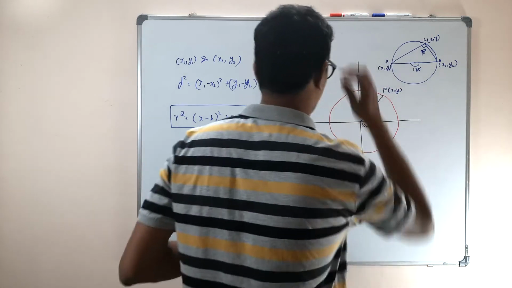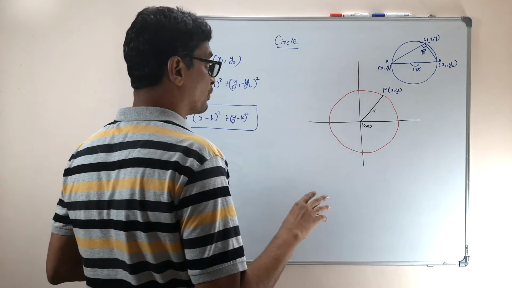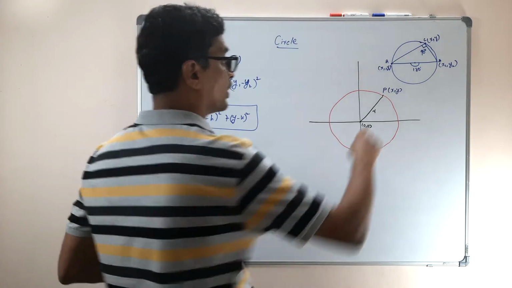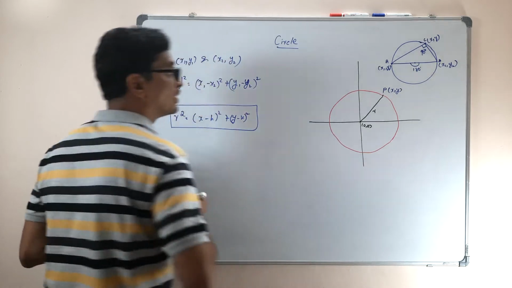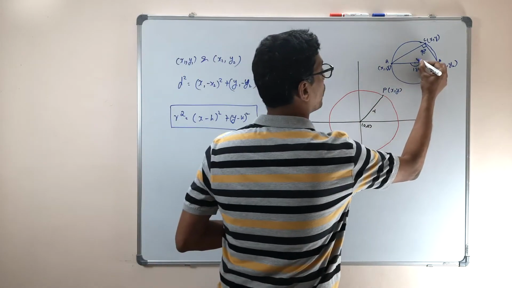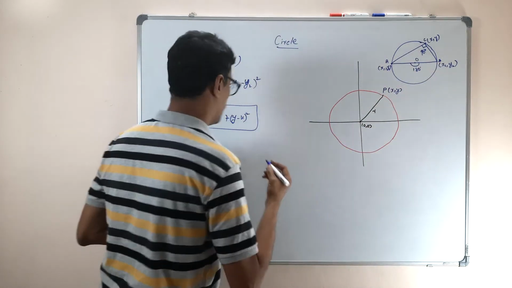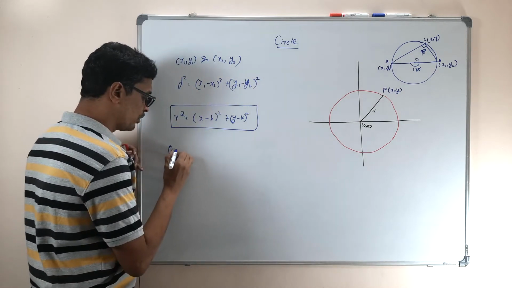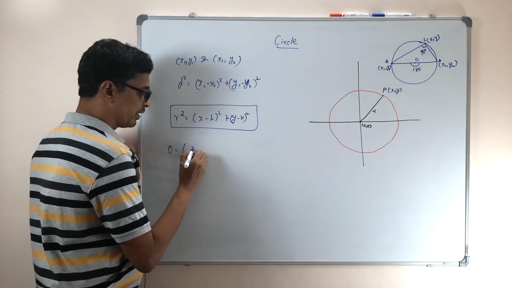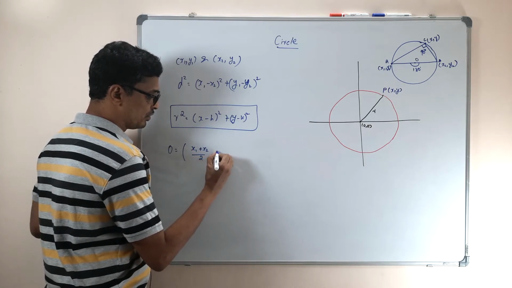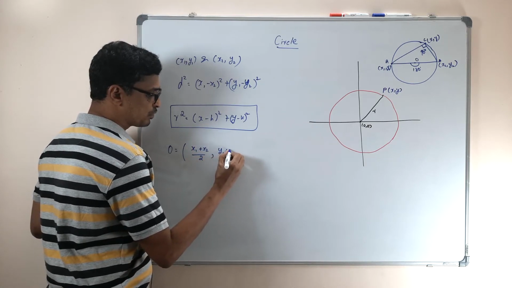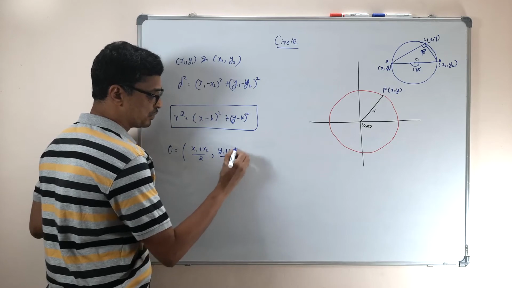So let us find out which way you want to find out first. The center formula? Okay, let us go with the center formula. Let me call it O. So what is O? O will be x1 plus x2 by 2, comma y1 plus y2 by 2.